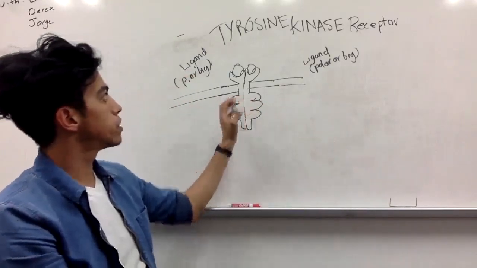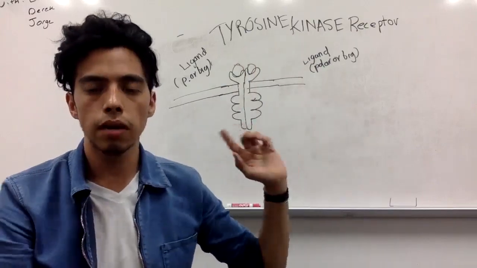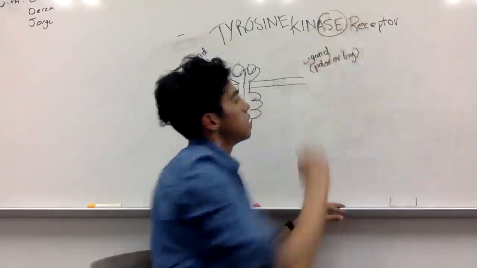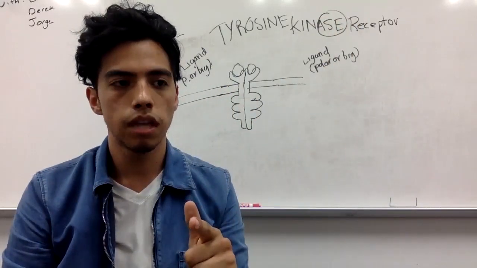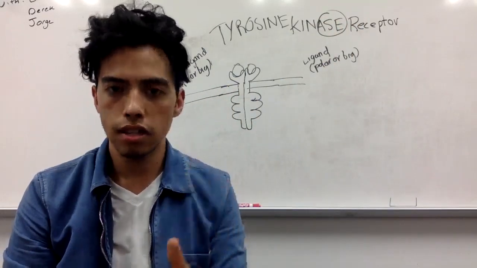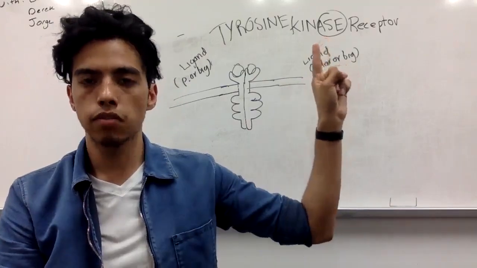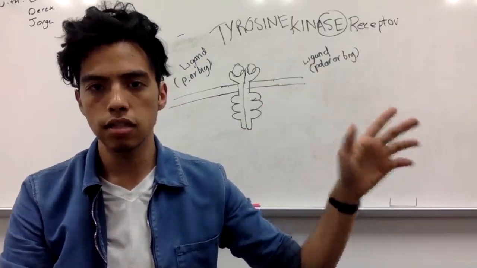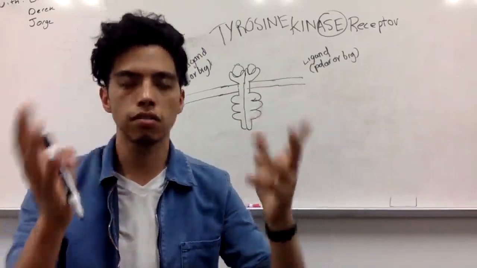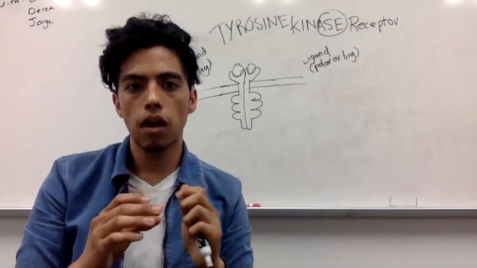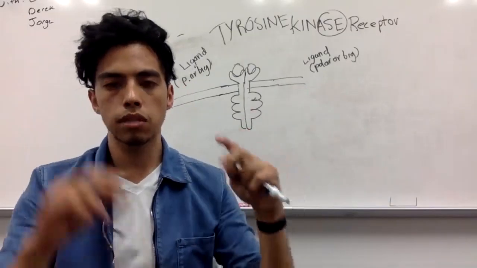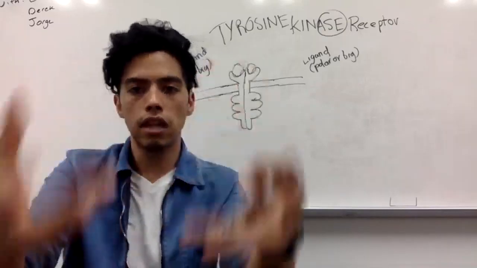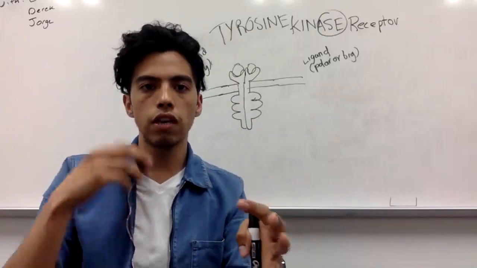So for tyrosine kinase, like we said before, this suffix ase stands for enzyme, right? Kind of similar to when we saw the protein kinase, you can remember what it does by remembering that ase represents proteins, and kin, you can imagine, is a protein that gives kinetic energy.